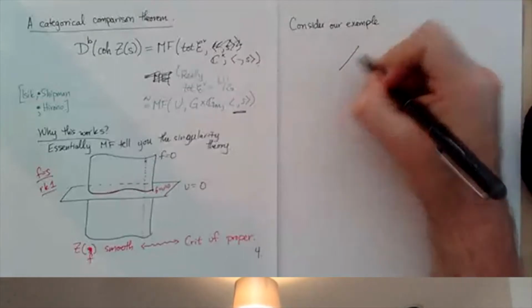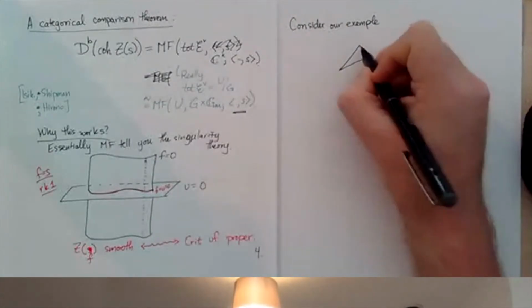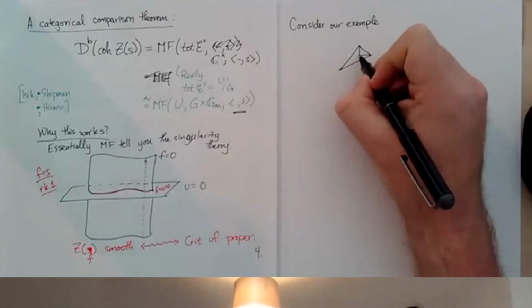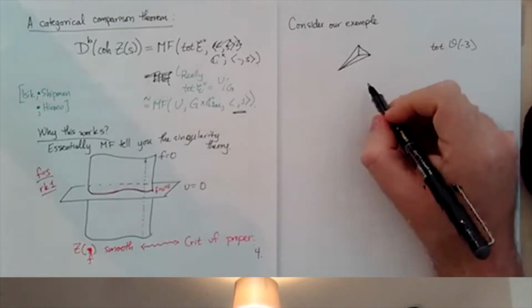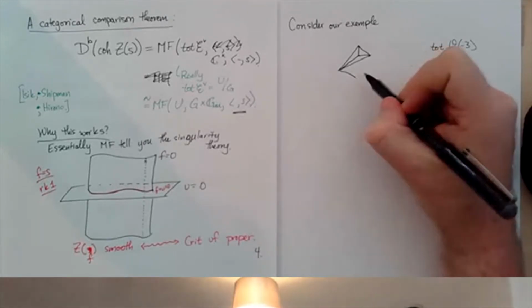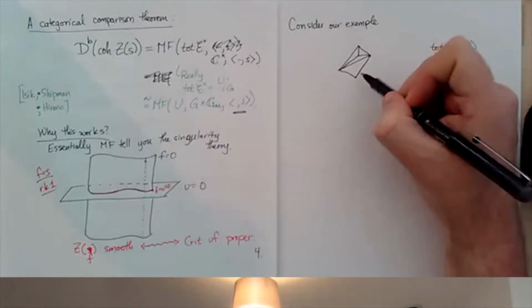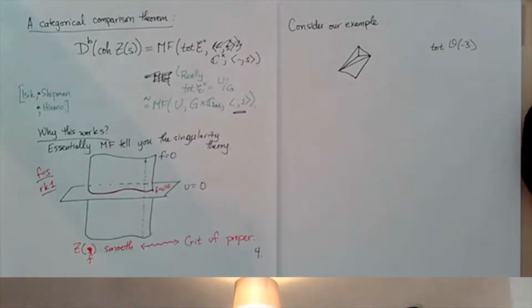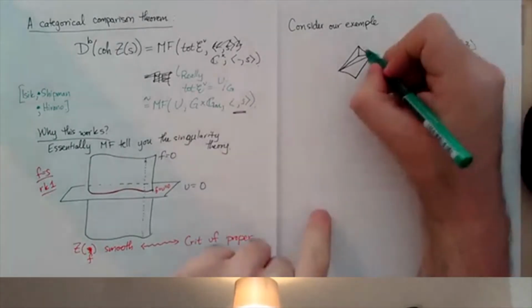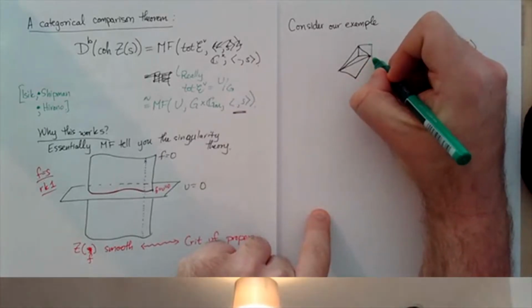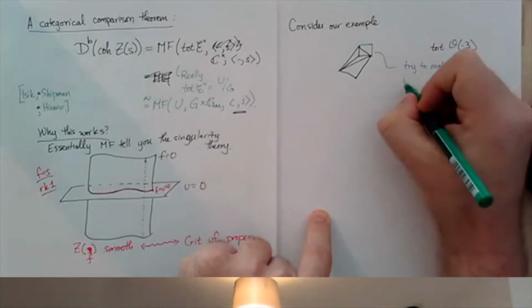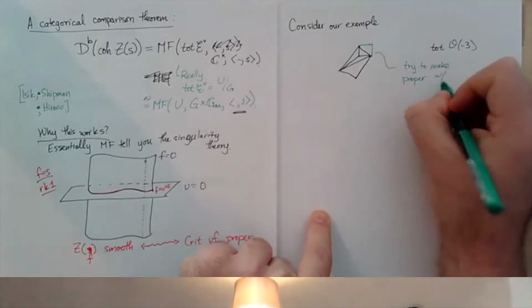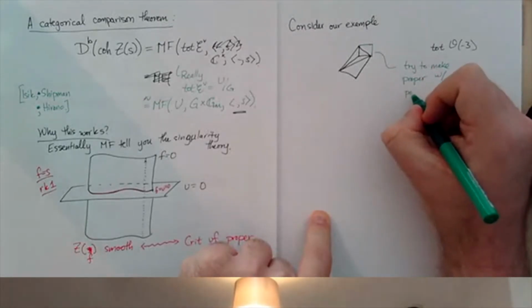If I have some toric total space of O of -3, and some function whose critical locus is not proper, I can try to make it proper by taking a partial compactification.